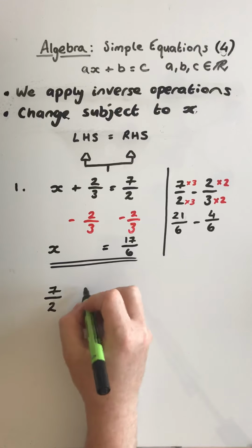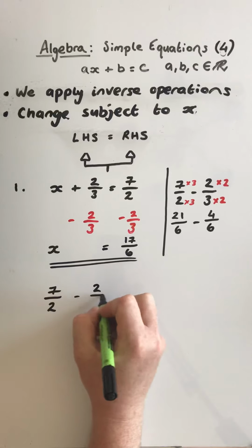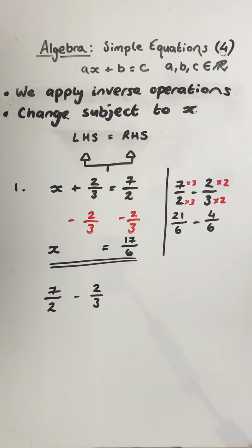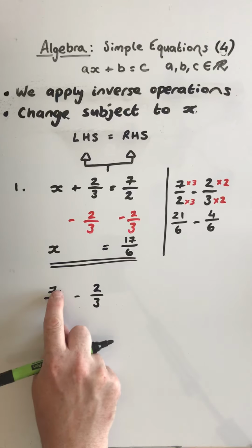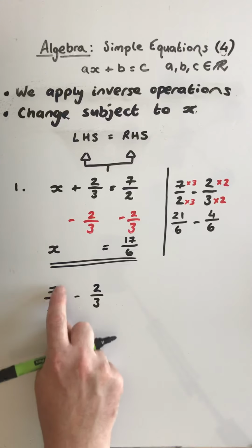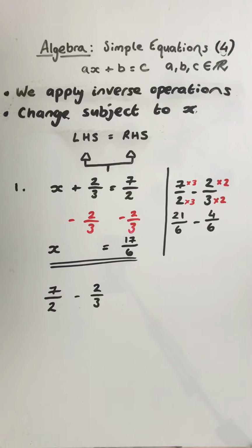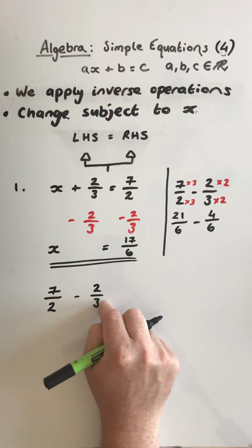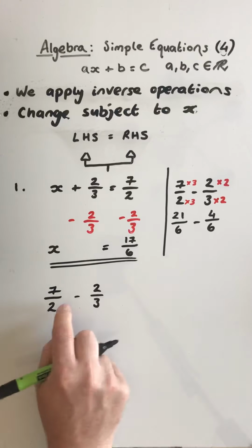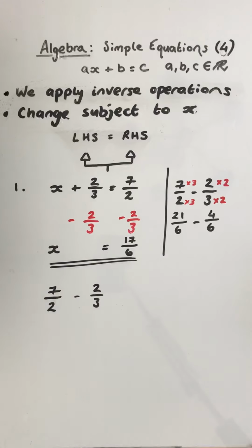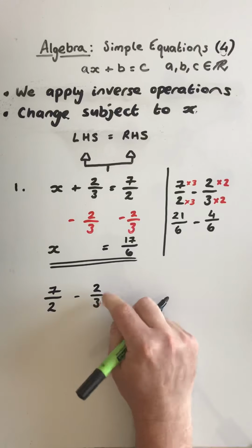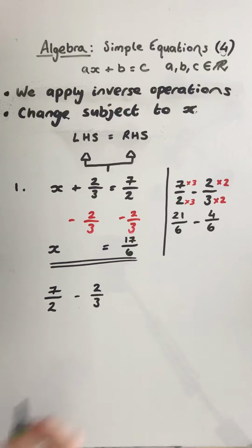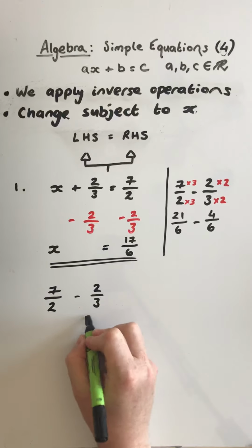So let's do, this is what we've done here. So you've got 7 halves, you've got 2 thirds. You've got 2 equal parts of which you have 7. You've got 3 equal parts of which you have 2. As a diagram, this one.